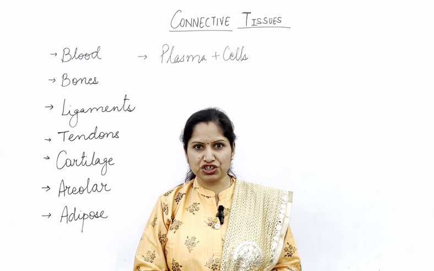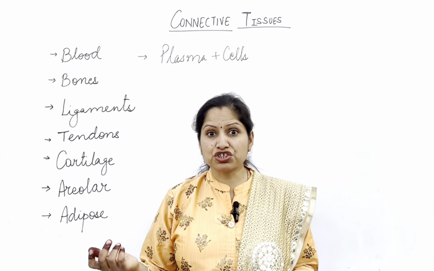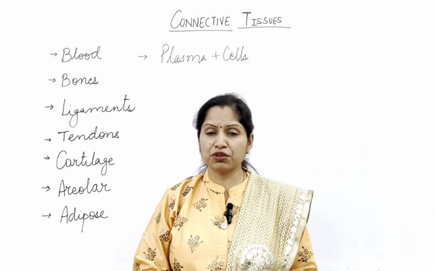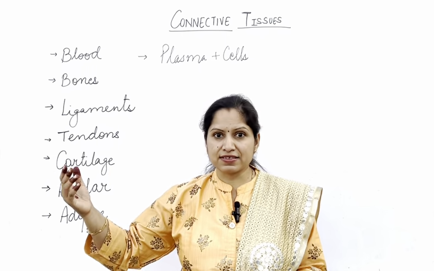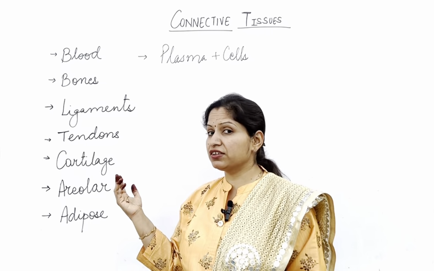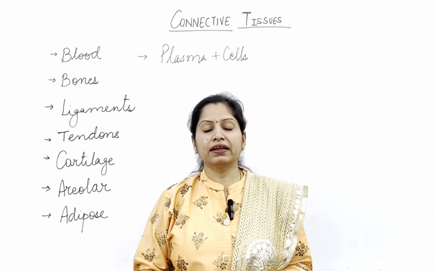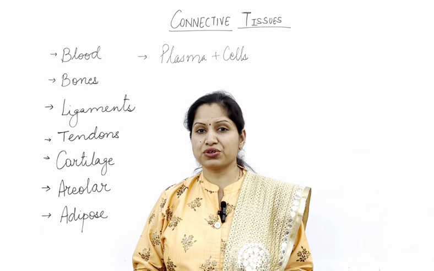Now, what is the function of blood? We all know the functions of blood. It helps in the transportation of gases, like oxygen to different cells of the body, and carbon dioxide taken to the lungs. Apart from that, it helps in the transportation of nutrients from one part of the body to another. Blood also transports the hormones in our body.